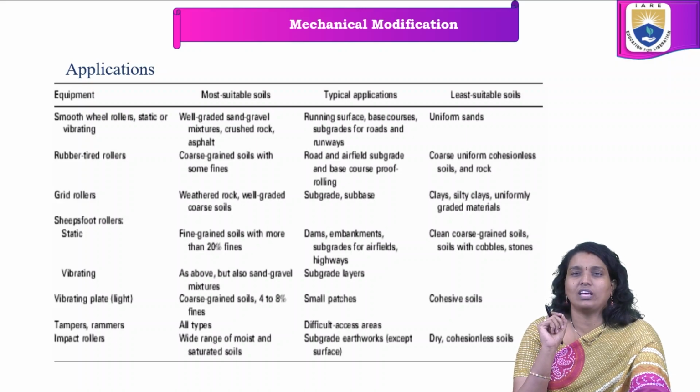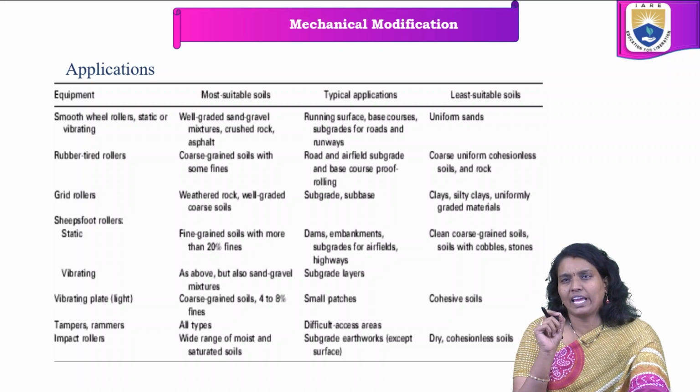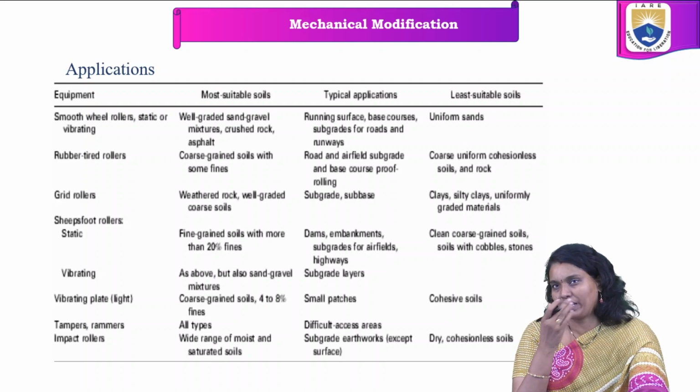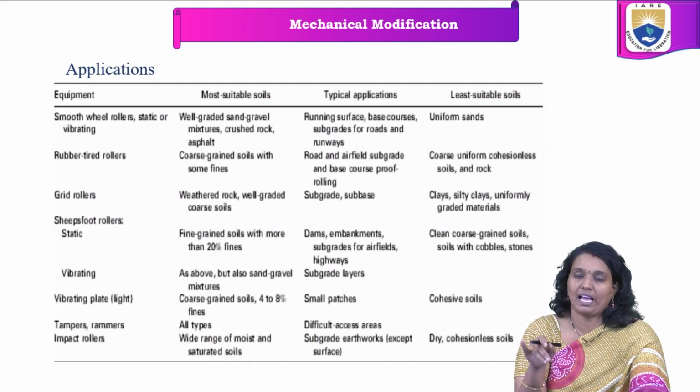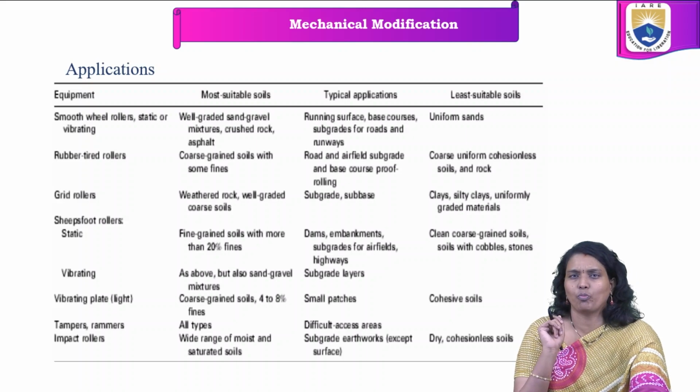Coming to the grid rollers, the most suitable are weathered rock, well graded coarse soils, subgrade and subbase. The least suitable soils are clays, silty clays, and uniformly graded material. It depends. Sometimes there is no other choice. At that time, based on least priority, we consider this equipment.